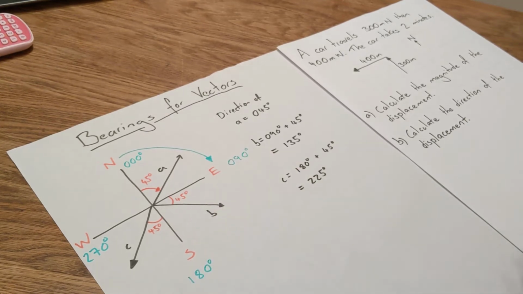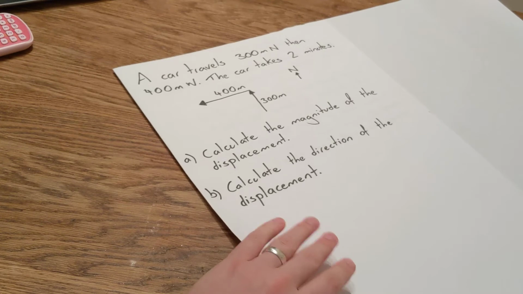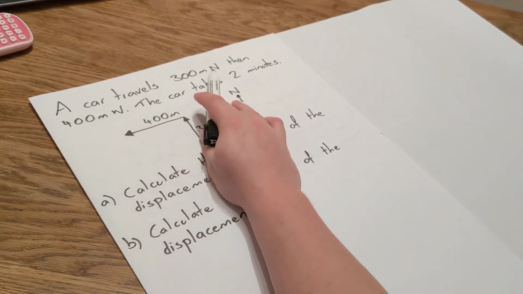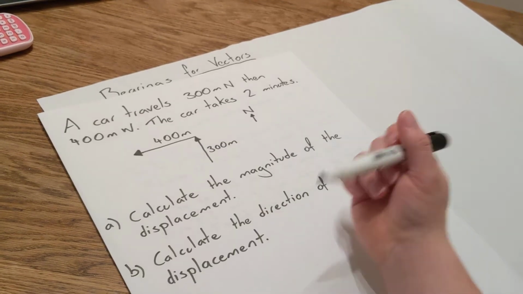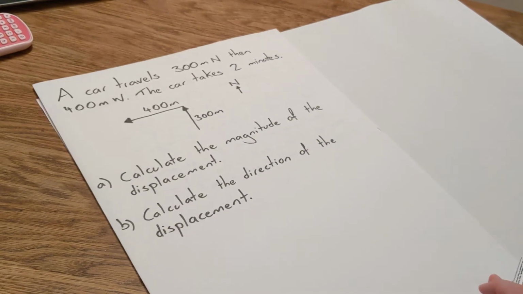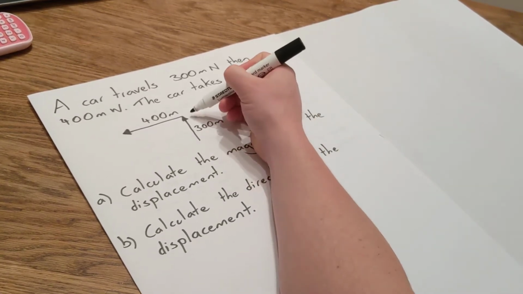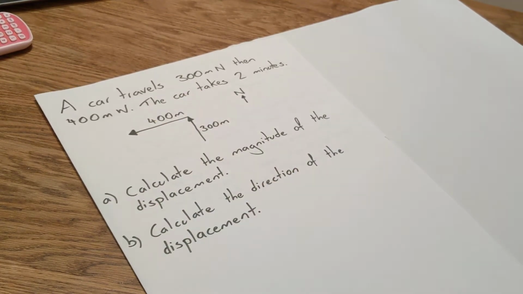So let's look at that question then. This is a question that was in your test. A car travels 300 metres north, then 400 metres west, and the car takes 2 minutes to travel that far. The question already did a little sketch of this for you: 300 metres directly north, north is this way, then 400 metres west, okay?